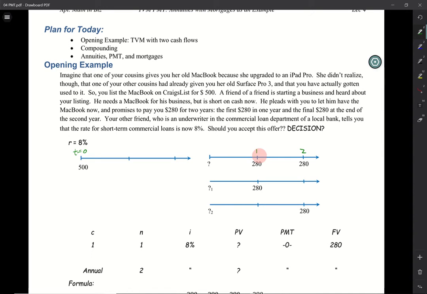Very good. First of all, you read this and you think, okay, this is not CVP. This is not cost volume profit, or variable cost, fixed cost. The only other framework we have is TVM, and you must have an interest rate. So somewhere in there, there's an interest rate. Where's the interest rate?